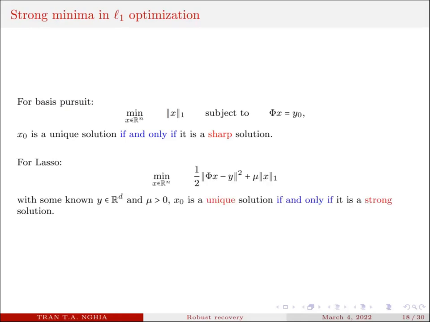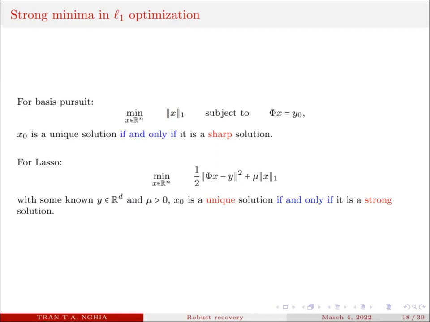We look at lasso. Okay, lasso, you have a quadratic term right here plus the norm 1. And we make the following observation. X naught is a unique solution if and only if it is a strong solution for lasso. Okay. So strong solution is not just for problems with a non-polyhedral norm.